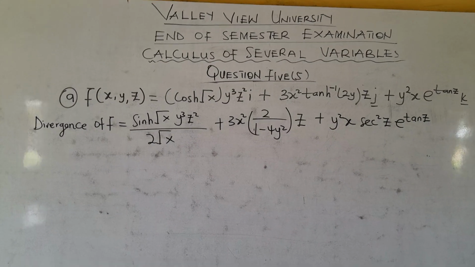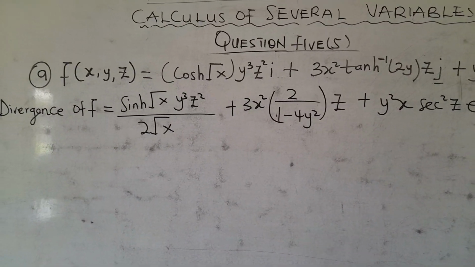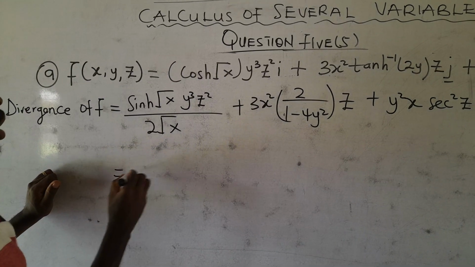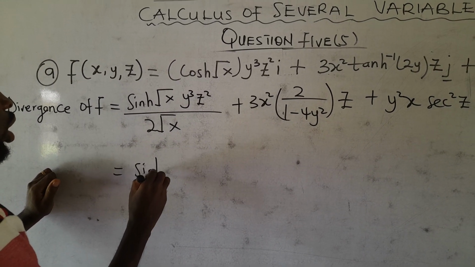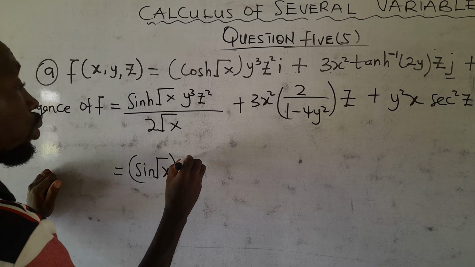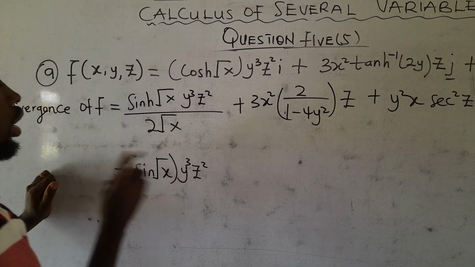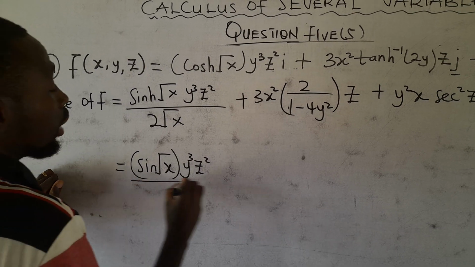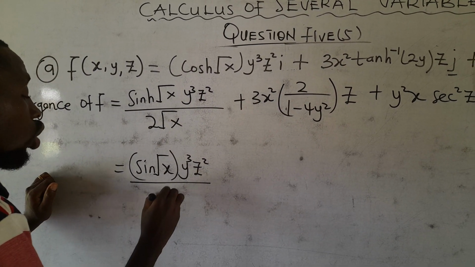So I'll polish this further. We'll have sin of the square root of x, then y cubed z square. You can bring the y cubed z square first, it doesn't matter since multiplication is commutative.